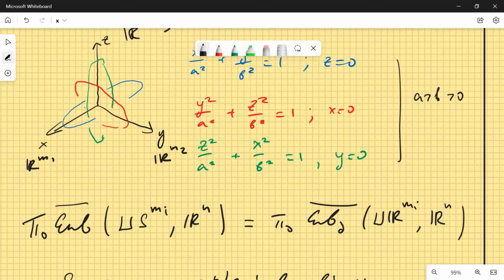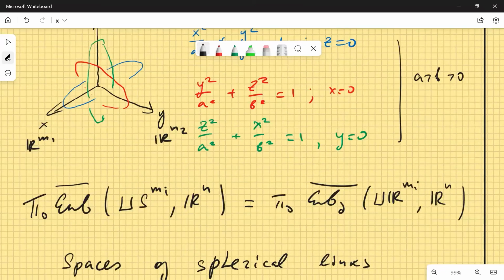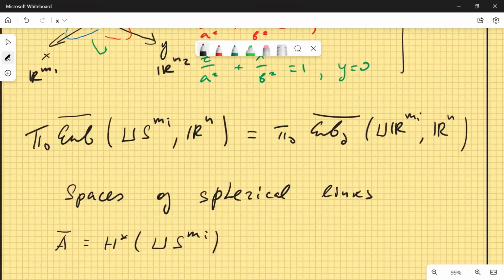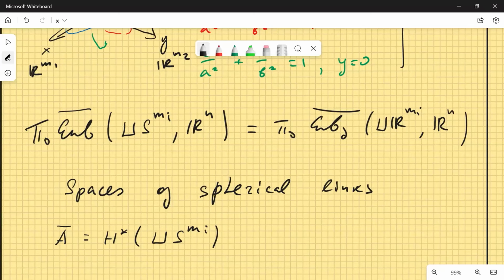So now let's look at the spherical links. The first thing we have is that when codimension is at least 3, the pi 0 of spherical links coincides with pi 0 of string links. So now if you look at the algebra A, we need to take the cohomology of the disjoint union of spheres, which is the direct sum of cohomologies of S^{M_i}.